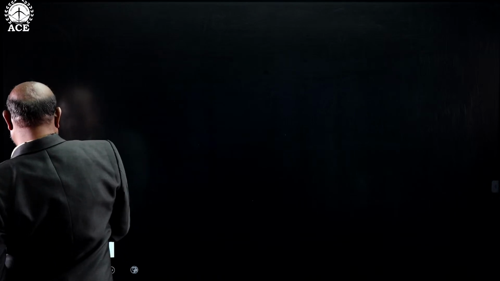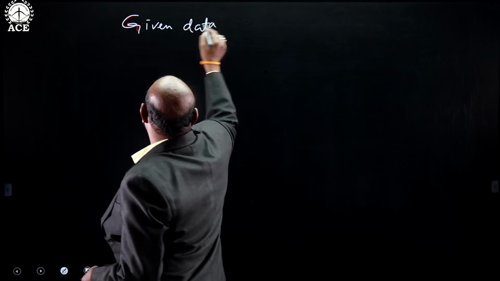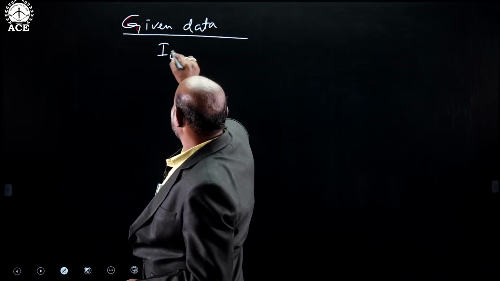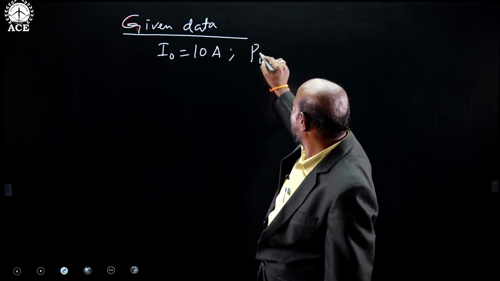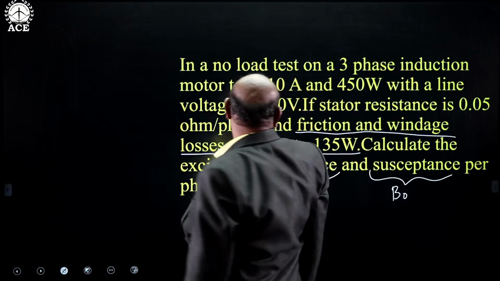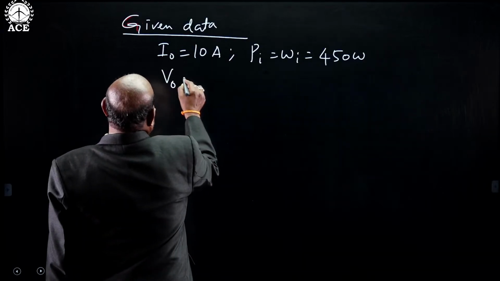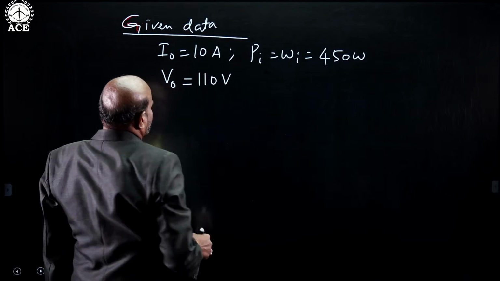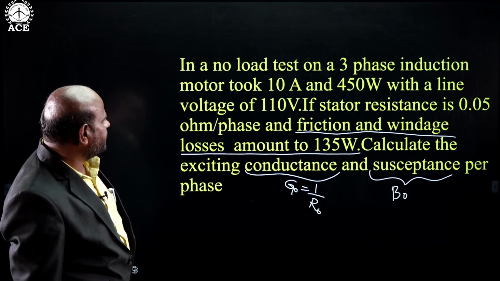Right. So given data: I0 is given as 10 amperes, power input 450 watts, and applied voltage 110 volts, and friction and windage loss 135 watts.